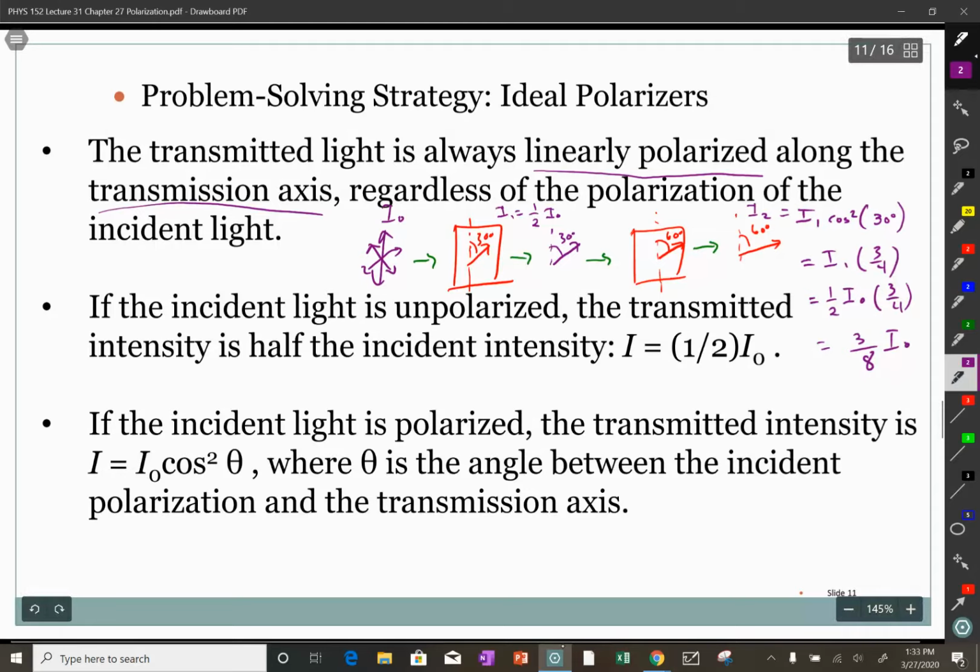If the incident light is unpolarized, half is blocked. If the incident light is polarized, you have to use the law of Malus, where theta is the angle between incident polarization and transmission axis. Many times people would have done this problem and used 60 degrees here instead of 30 degrees, forgetting that it's the angle between this and this that they need to use.